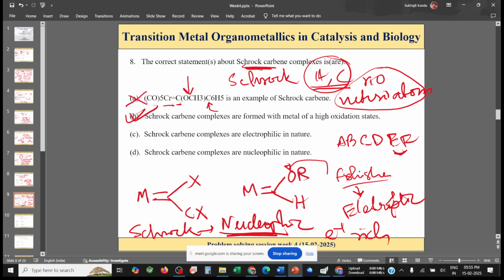As I said earlier, don't stop when you get the correct answer or one correct answer. Try to go through the other options also.